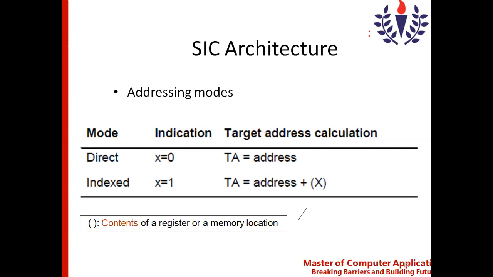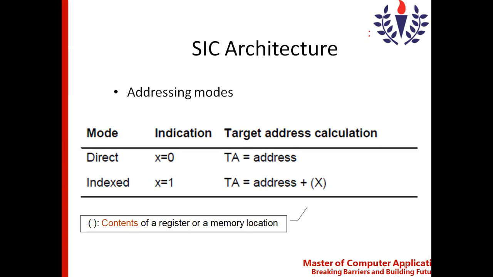And when the X bit is equal to 1, TA is equal to address plus (X), with X within brackets representing the content of the X register. The content of the X register is added to the existing address, which gives the target address when the X value is 1.